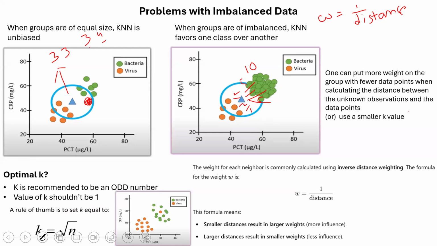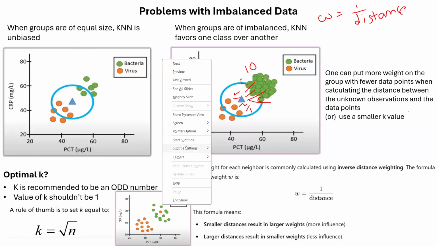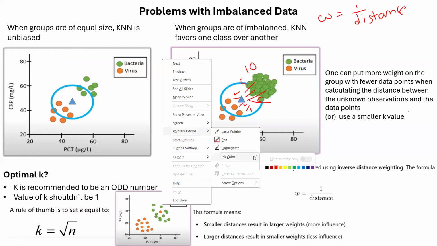So when the value of K is equal to 1, what happens? Let's suppose there is an outlier here. All the virus data points are here, all the bacterial data points here, but there is an outlier which is residing inside these bacterial points. If you're given a data point close to this and you choose K equal to 1, you will be assigning that to virus.